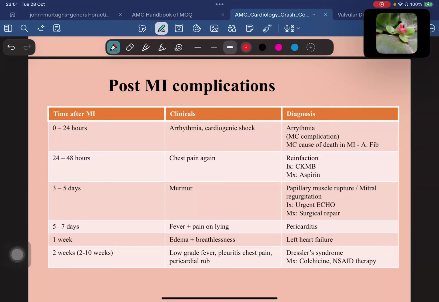Remember, I told you they are very good at asking the most common complication, most common things. So if you were asked the most common complication of MI, you should select arrhythmia. And that could mislead you, because they could also ask the most common cause of death in MI.